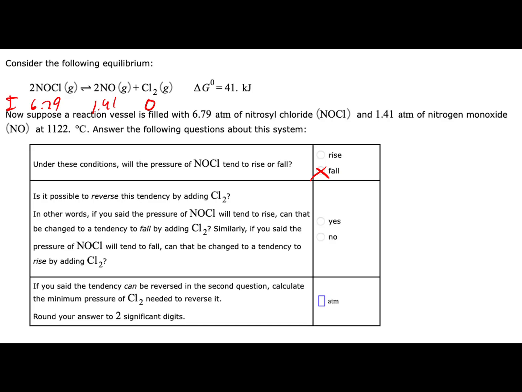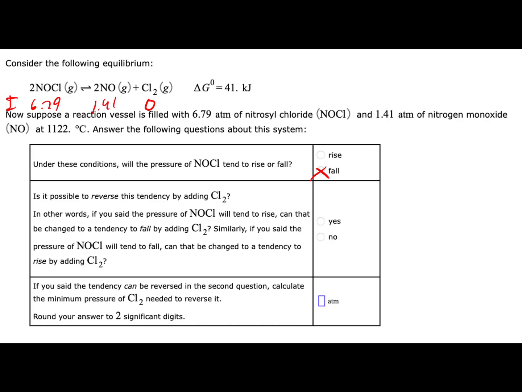Second question, is it possible to reverse the tendency by adding chlorine? In other words, if you said that the pressure of nitrosyl chloride will tend to rise, then can it be changed to a tendency to fall by adding chlorine or vice versa? Well, we said it was going to fall, so the question is, if we add chlorine to this mixture, can we reverse this process?